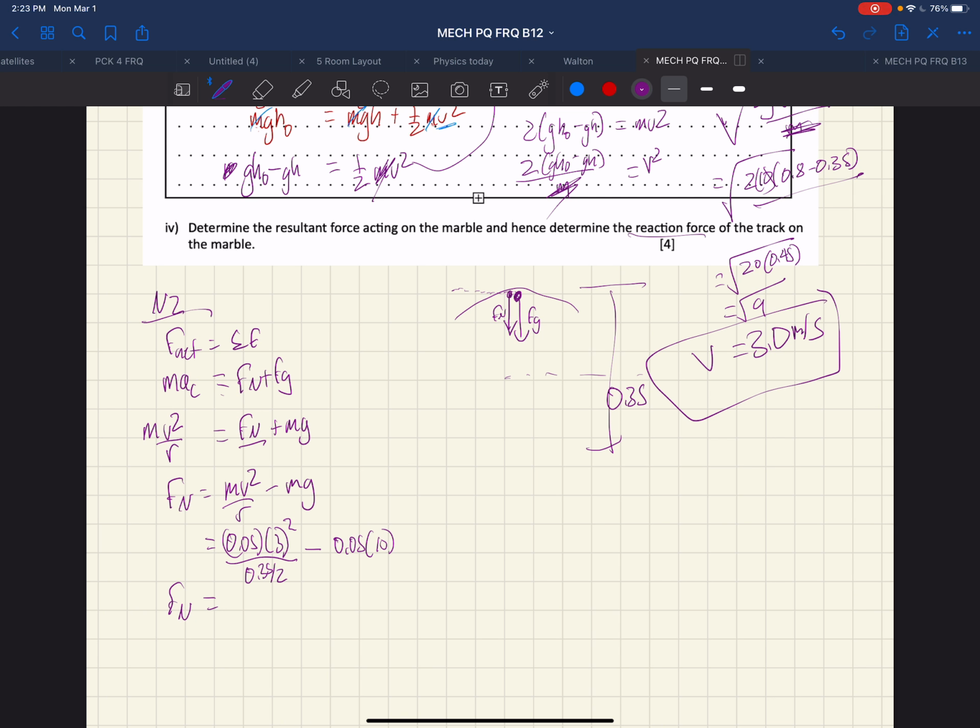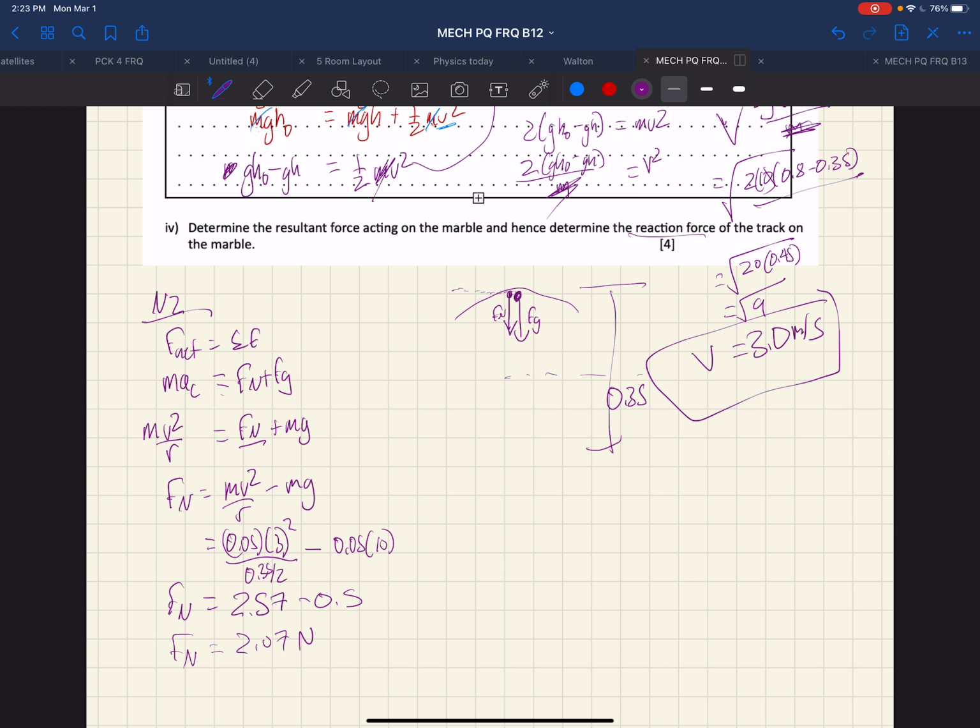So we have this first term, which is the centripetal force, which is 2.57. And we have this 0.05 times 10, which is 0.5, which gives us a normal force of 2.07 newtons.